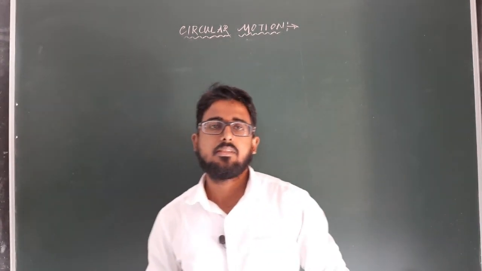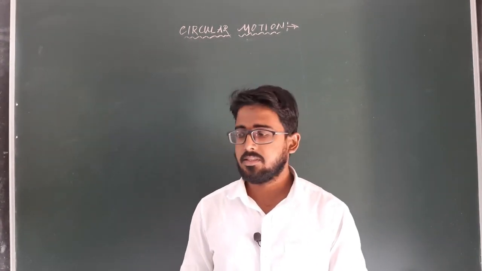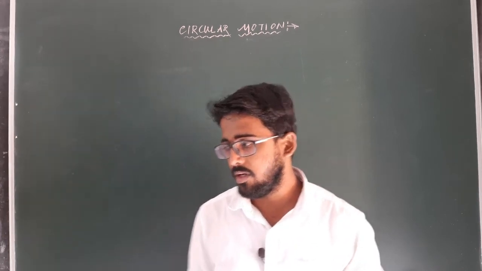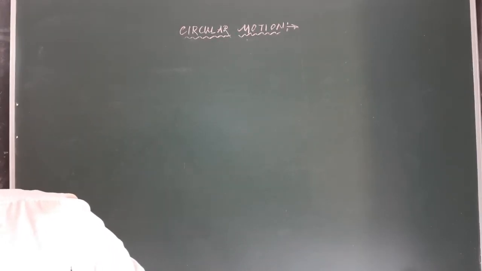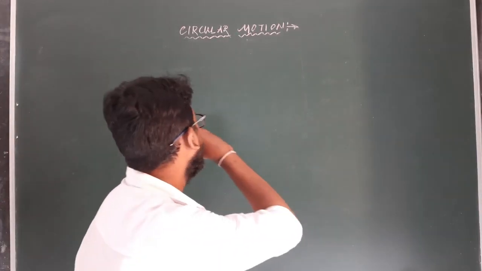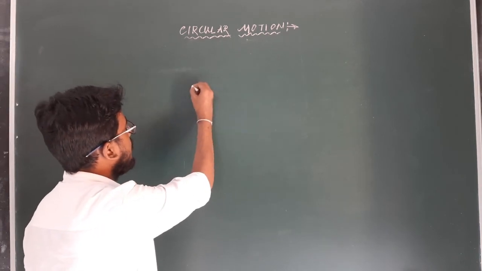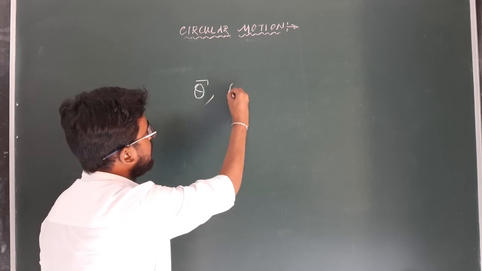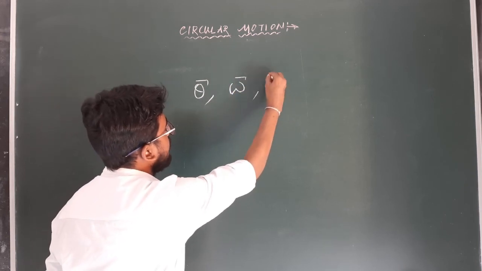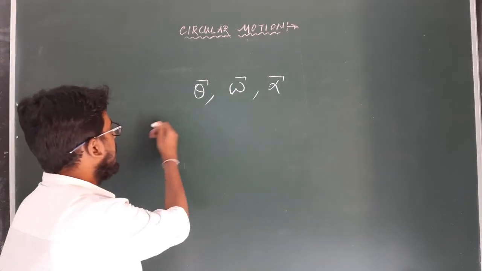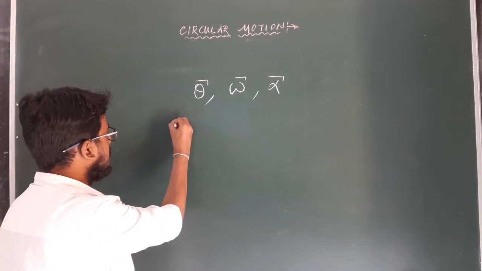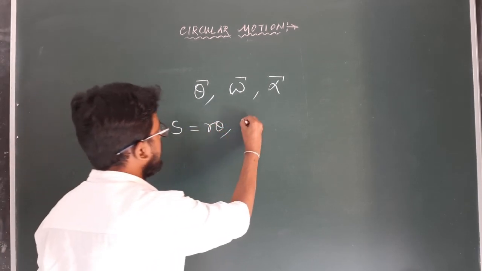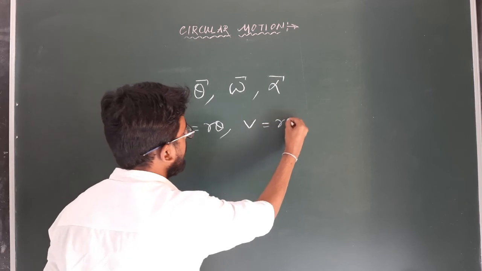Hello students, in the previous class we already discussed what is circular motion and the different motion parameters related to circular motion, that is angular velocity, angular displacement and angular acceleration, and the relation between angular displacement theta, angular velocity omega and angular acceleration alpha, and how they are related to their linear correspondence, like the relation between linear displacement s equal to r theta and linear velocity v equal to r omega.